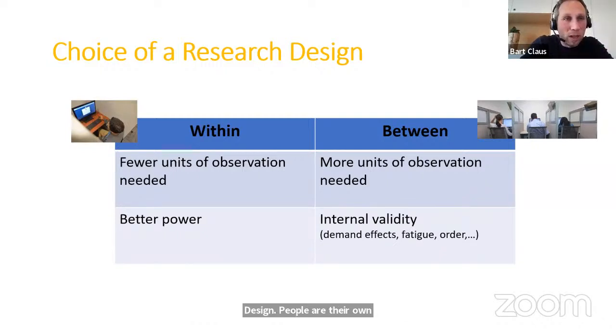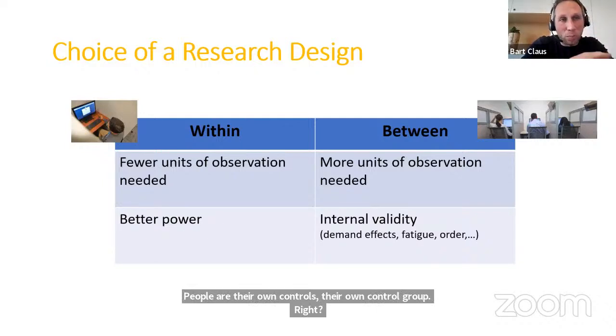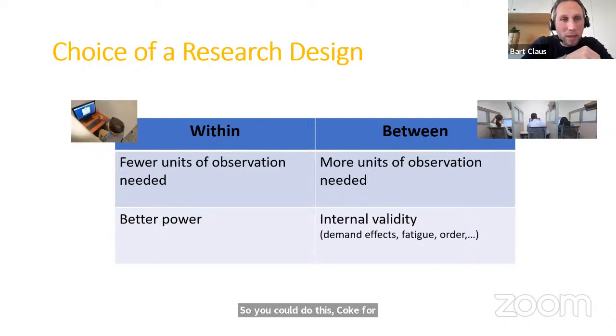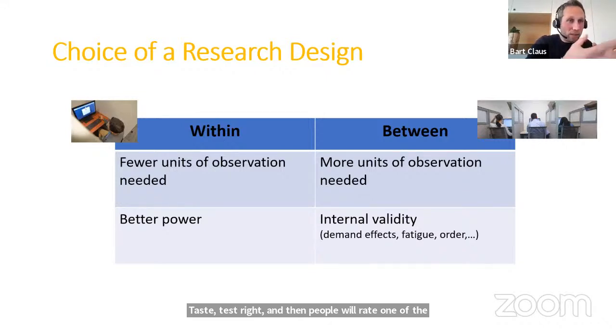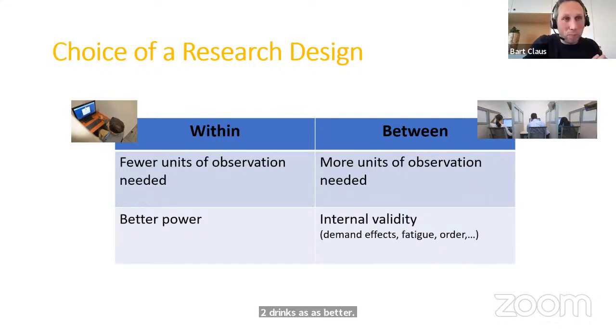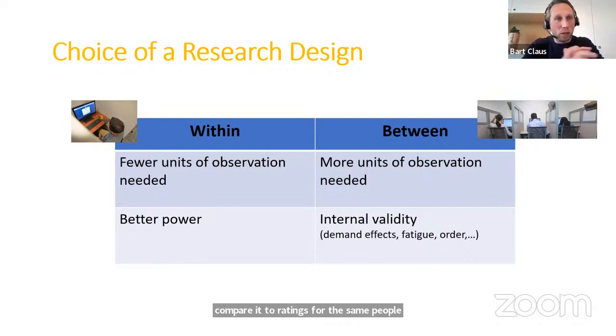So you could do this Coke versus Pepsi taste test, right? And then people will rate one of the two drinks as better. And you have basically a within design because you compare the two ratings for the same people, right? You could also try to answer the question like, what is the actual better tasting drink, right?